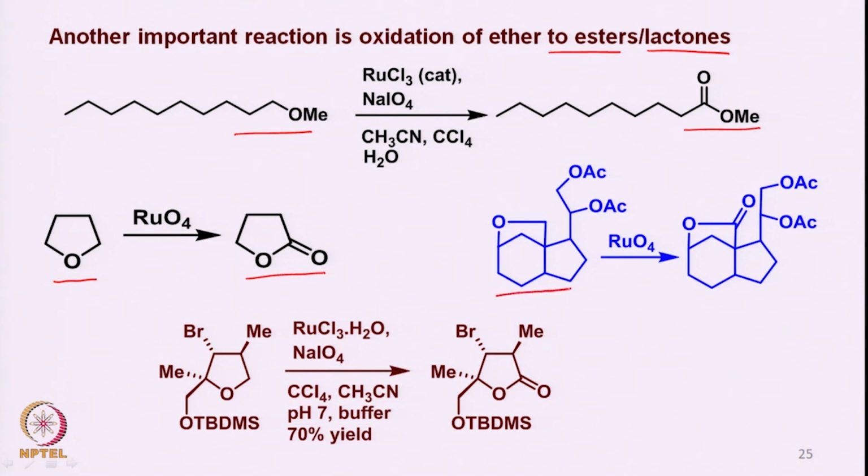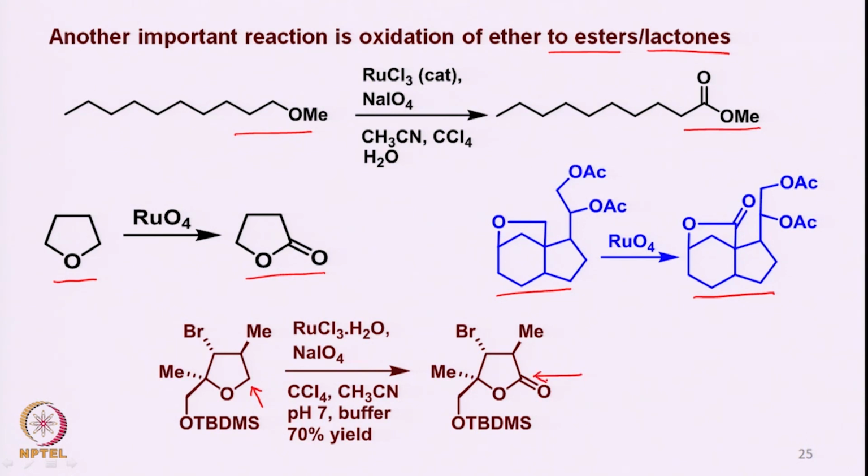In a similar fashion, this cyclic ether goes to the corresponding lactone. Even this type of cyclic ether, having many functional groups and a site where there is a possibility of lactone formation, allows the lactone formation to take place.